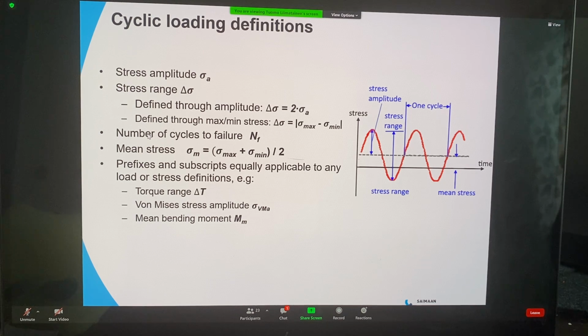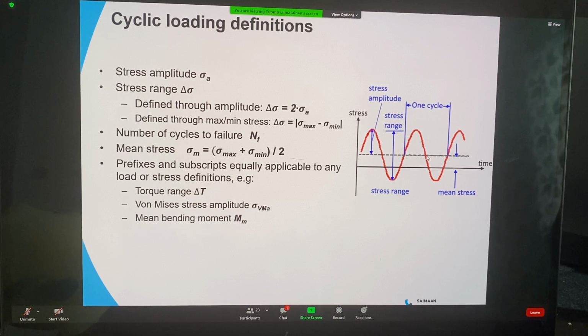Then an important factor when we consider varying load is the number of cycles, so the number of variations. And one cycle is always one full reversal. So like in this picture, in the sinusoidal case of loading, first half sinus form into the plus side, then plus side on the mean stress, and then to the negative side of the mean stress, and then back to the zero. So one cycle considers both of these.